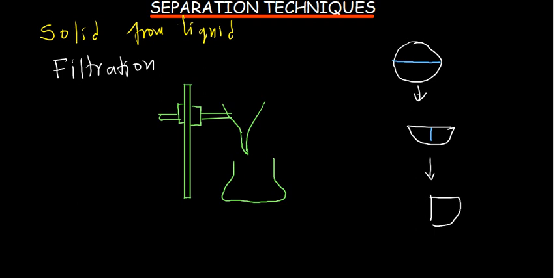And then when you have got something like this, you are now going to turn it. Okay, you are going to have something like this. You have made it into something like that. So that is a filter paper. And then you are going to get this and put it inside the funnel that you're able to see. It's going to be something like that.